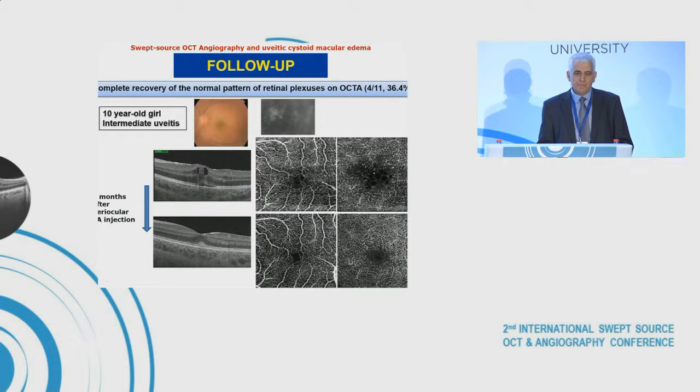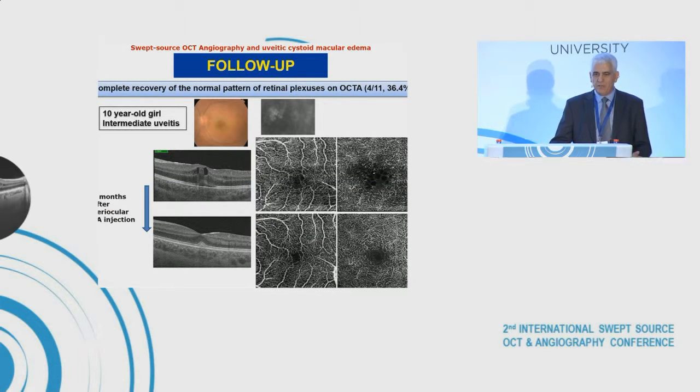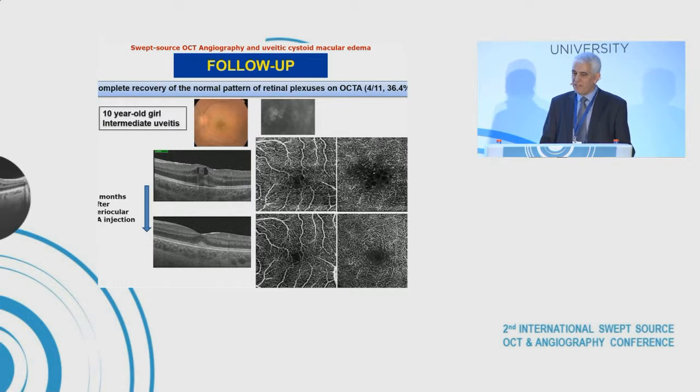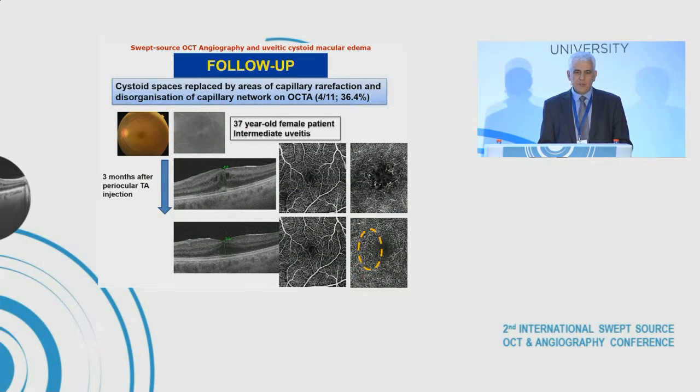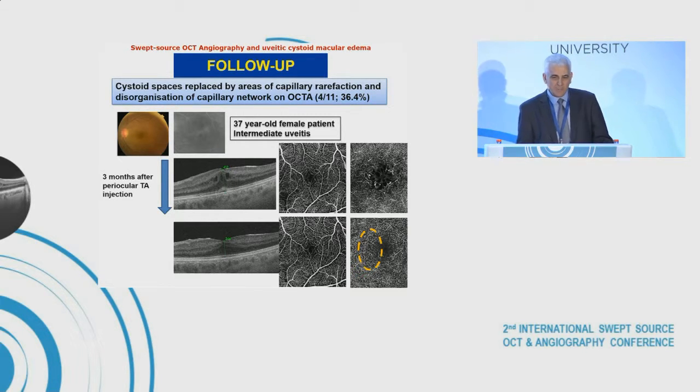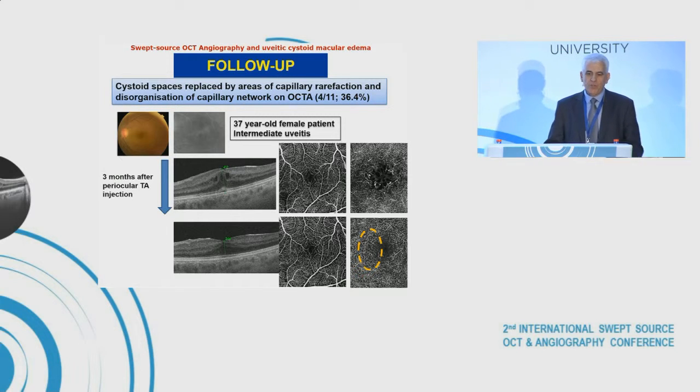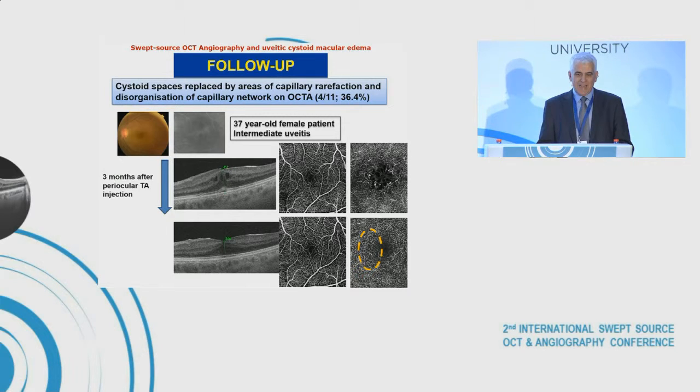This is a case showing a complete or near complete recovery of the normal pattern of retinal plexuses on OCT angiography following resolution of cystoid macular edema after periocular corticosteroid treatment. This is cystoid spaces replaced by areas of capillary rarefaction and disorganization of the capillary network following the resolution of cystoid macular edema.